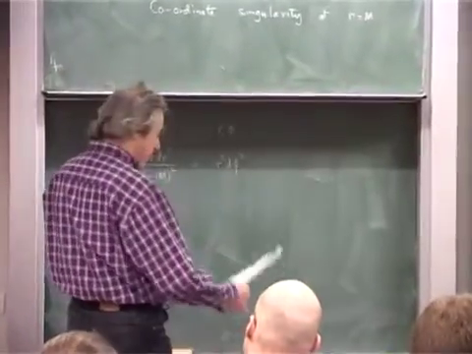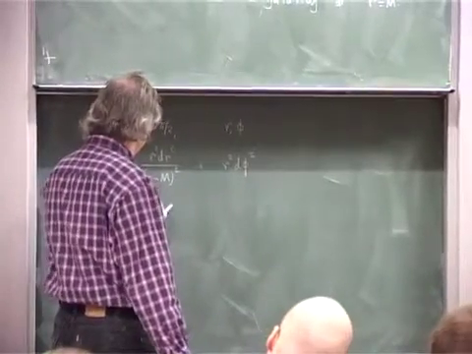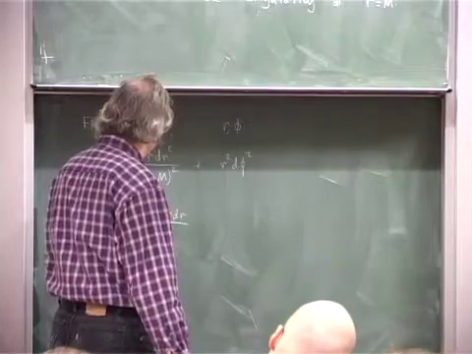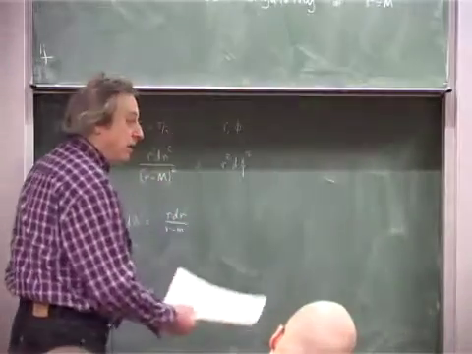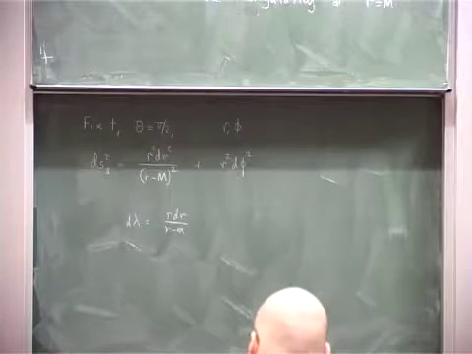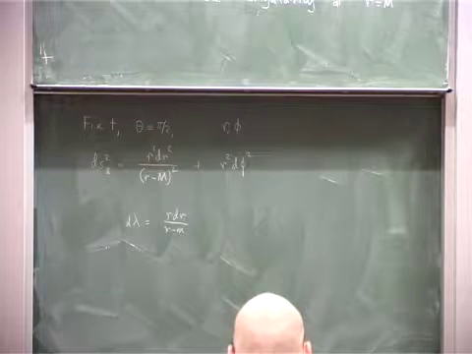So I want to invent a new coordinate, which I will call lambda, and d lambda is going to be r dr over r minus m. If I make that coordinate transformation, then I can look again at what happens as r goes to m.